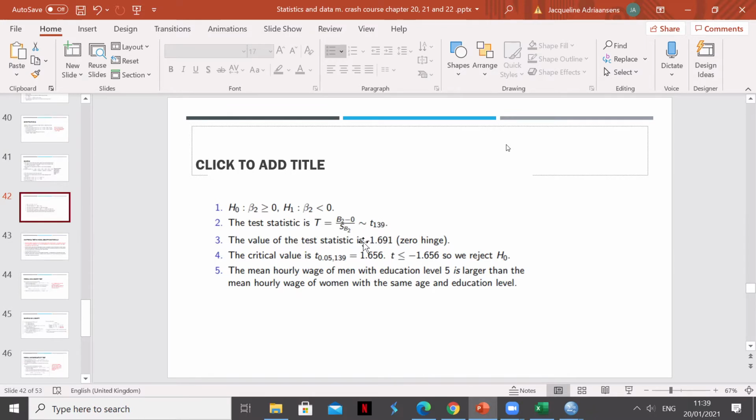And of course, this one is smaller than this. Thus, if it's smaller, it's so surprising that we can reject H0.